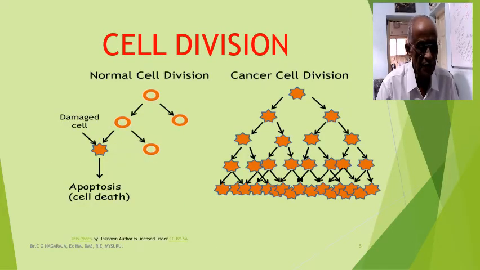This is just a diagrammatic explanation of cell division, normal towards the left side, and the one towards the right side is the cancer cell division. In normal cell division, when a cell divides into two in the somatic cells, they get into the cell cycle, they grow, and again they produce two cells.